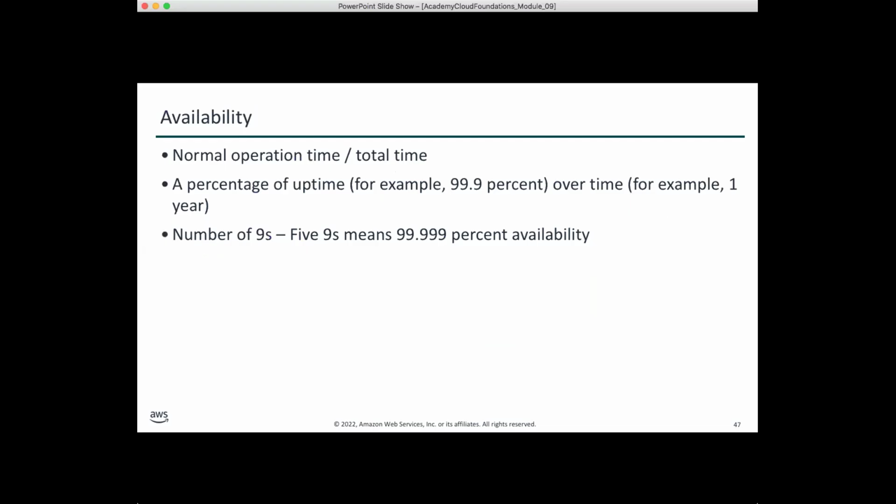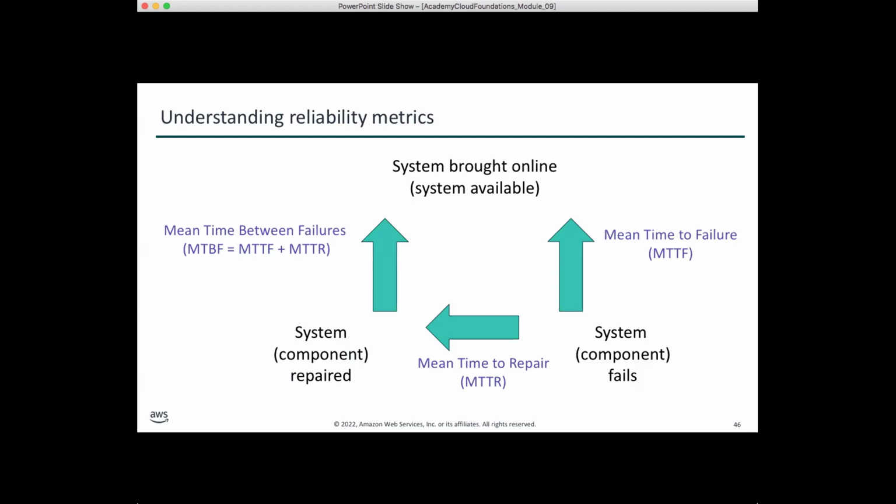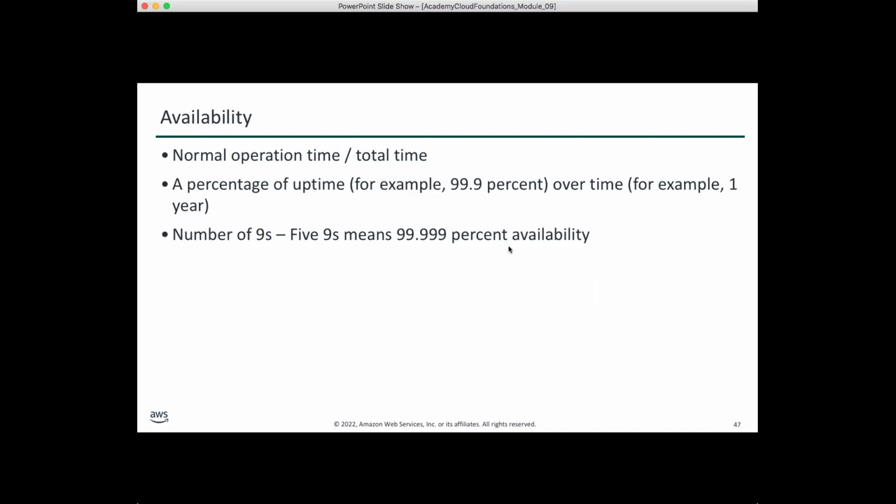Availability and reliability are measured in terms of MTTF and MTBF, that is, mean time between failures. Availability is basically normal operation time divided by total time. So if your application was available the whole year less one day, and it failed for one day, we simply divide the time it was available by the whole year.